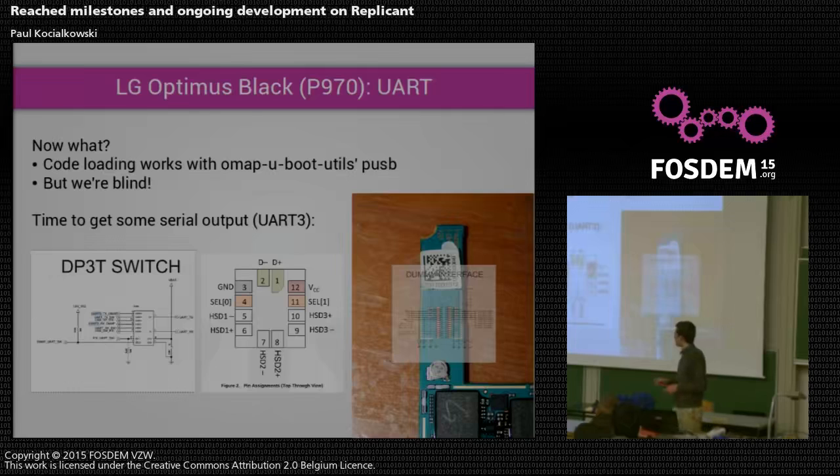And eventually, I found out that you also have UART on some switch that is accessible from the board. So I found out where physically the connectors are on the chip, and soldered a very tiny wire there. And eventually it worked.